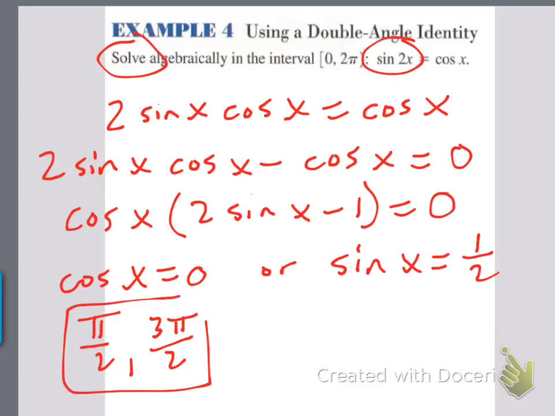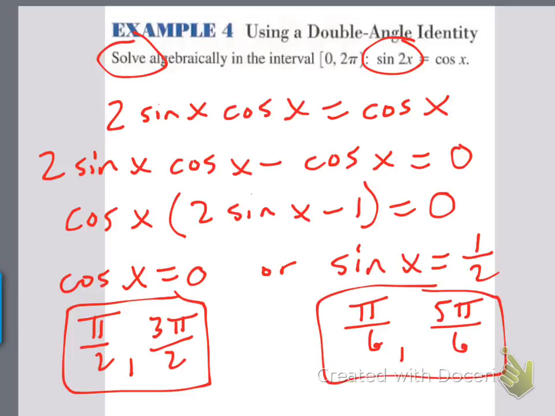So there are two of our answers. The sine is a half when x is pi over 6, so that's 30 degrees, and 5 pi over 6. And again, you can use your reference triangles to figure that out. So there are 4 answers to this. Here they are. You don't need a calculator.